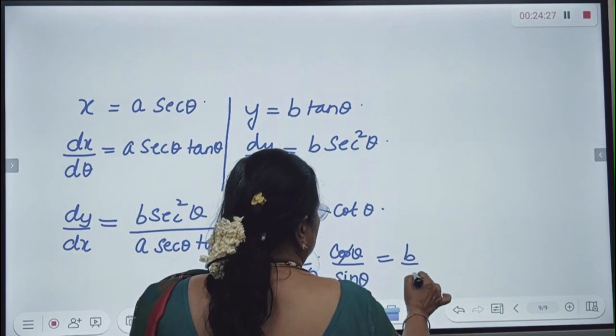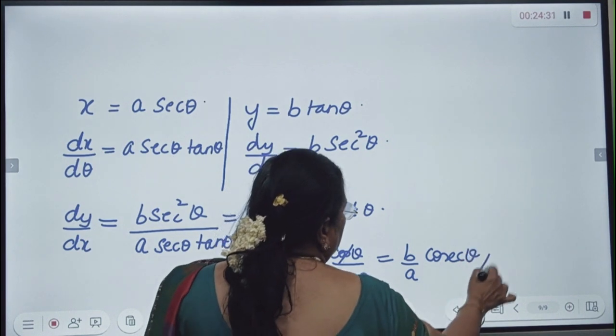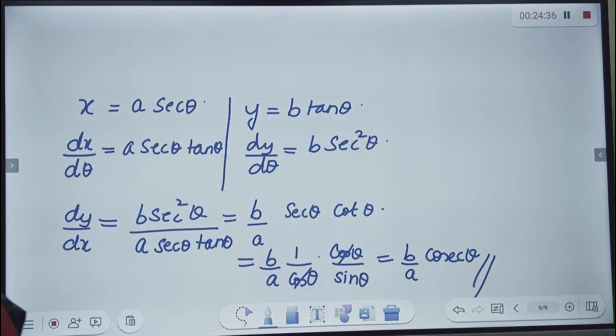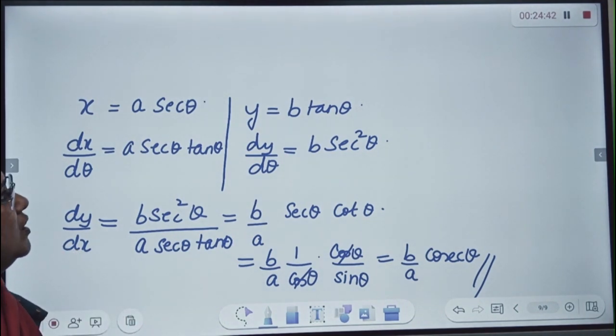So the answer is b by a, 1 by sin theta, which is cosecant theta. So the slope of the tangent to the curve, because you have to keep remembering that dy by dx is nothing but the slope of a tangent to a curve at a particular point.